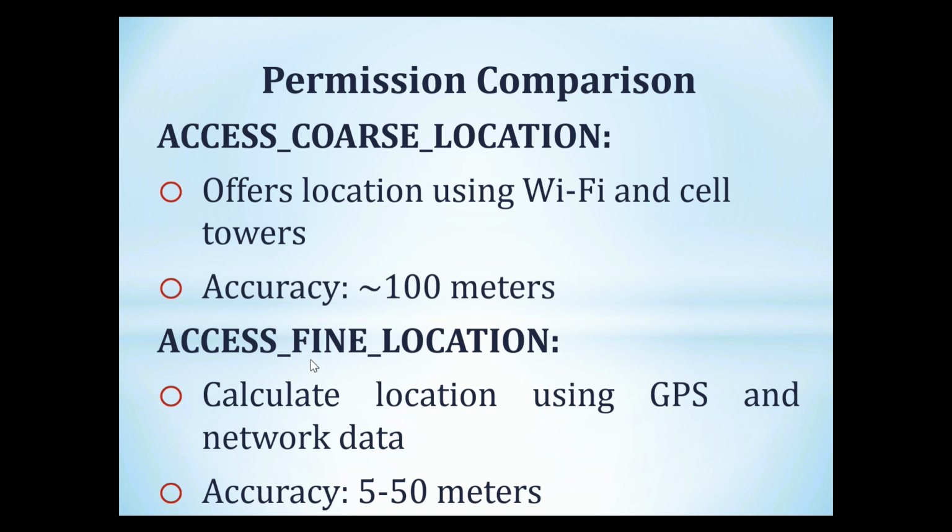The second permission is fine location. This permission gives you more accurate and precise location based on GPS and network data, and its accuracy is 5 to 50 meters. That means that the location will occur in a buffer of 5 to 50 meters.